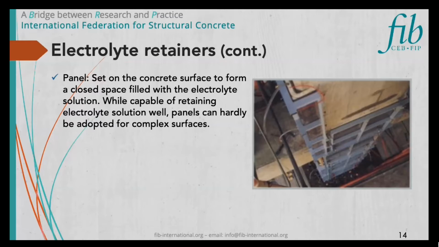This is a panel type retainer. It is set on the concrete surface to form a closed space filled with the electrolyte solution. While capable of retaining electrolyte solution well, panels can hardly be adopted for complex shaped surfaces.